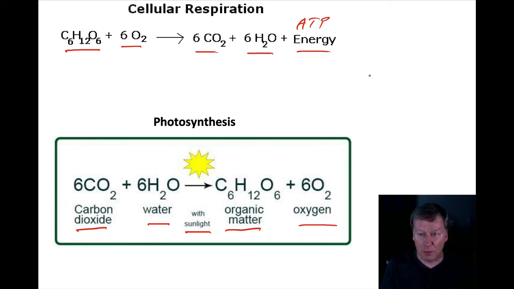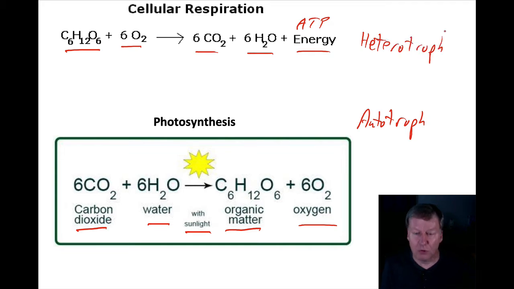The first term is autotroph. And the second is heterotroph. Autotroph and heterotroph are two categories of living things, organisms, divided based on how they get their food. Autotrophs are organisms that produce their own food using photosynthesis.